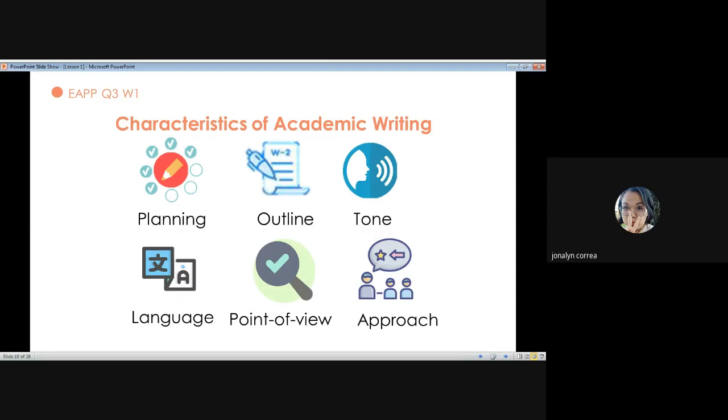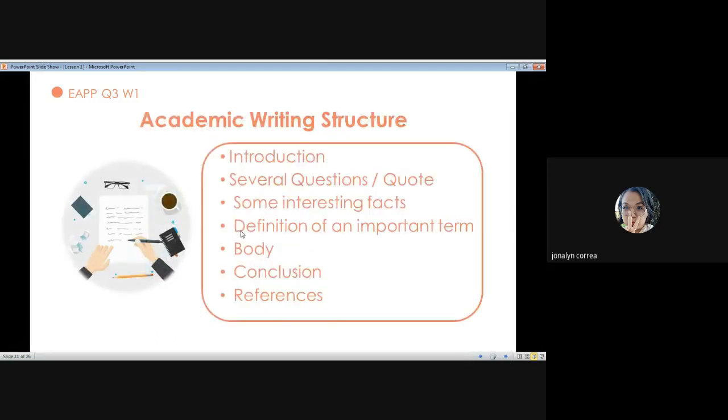So here is an example structure of academic writing. There's an introduction, several questions, quote, some interesting facts, definition of an important term, body, conclusion, and the references.